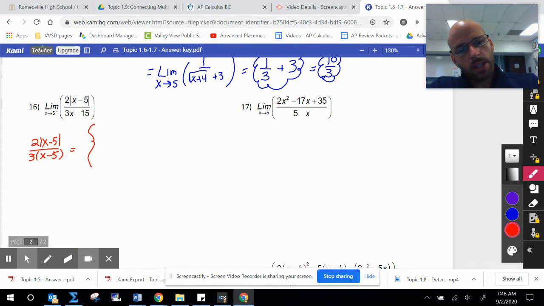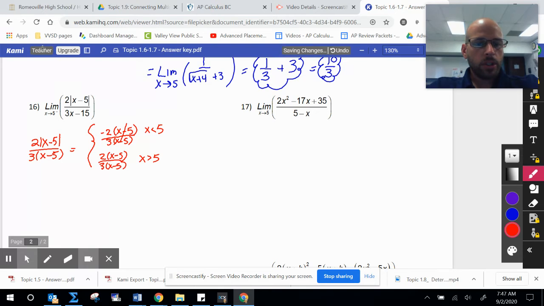This is going to be the negative version over 3 times x minus 5 when x is less than 5, and then it's going to be the positive version over 3 times x minus 5 when x is greater than 5.